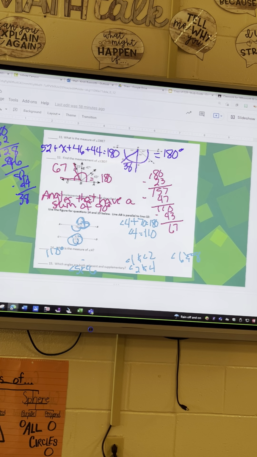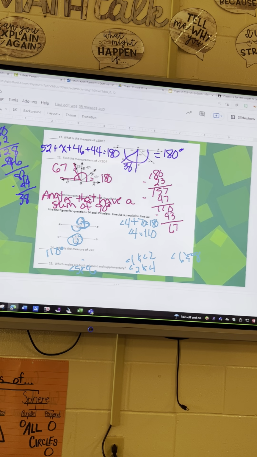Do you see what I'm doing? Now, if this was multiple choice, if you can draw it, draw it. If you see supplementary, draw your semicircle. Supplementary angles are going to make that semicircle, okay? Does that make sense? Is everybody with me? All right.